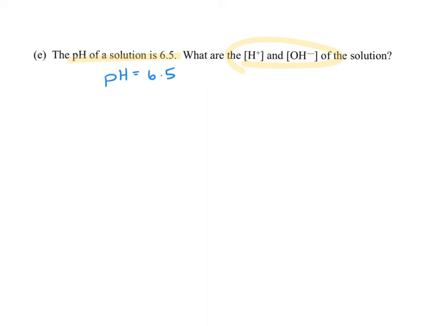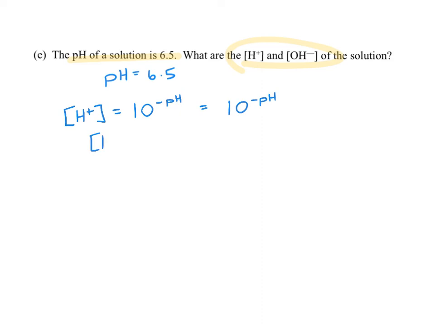So you're going to do the concentration of H plus is equal to 10 to the negative pH. Remember that pH is an exponent. So to solve this, all you're going to do is 10 to the negative pH.